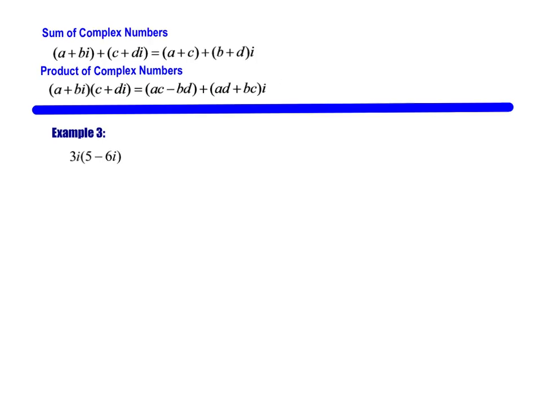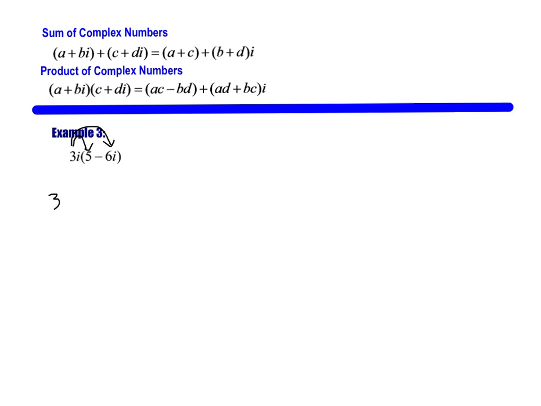Let's try multiplication. We're going to multiply 3i by the complex number 5 minus 6i, and then we are going to write the answer in standard form. So just like when I multiply a real number times a quantity, you distribute that quantity through both terms of the binomial. So it's the same idea with a complex number.